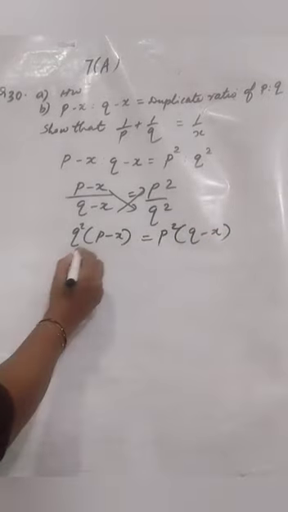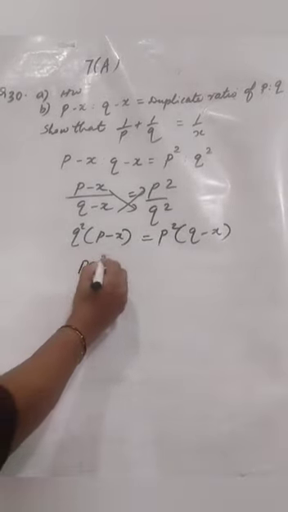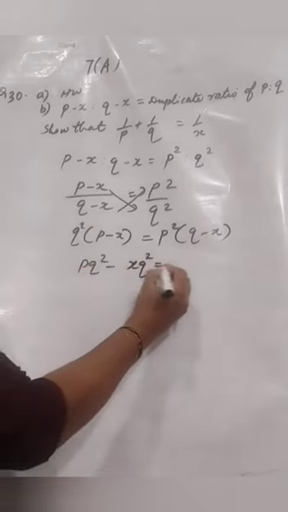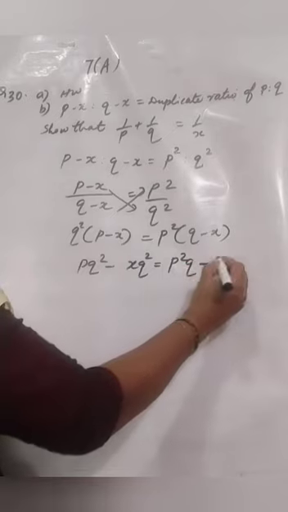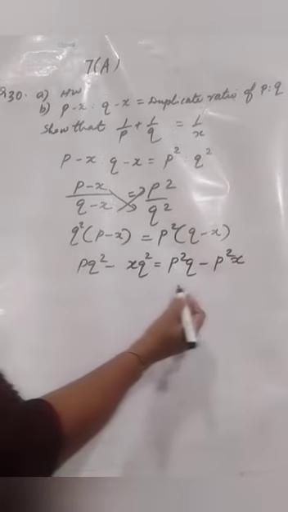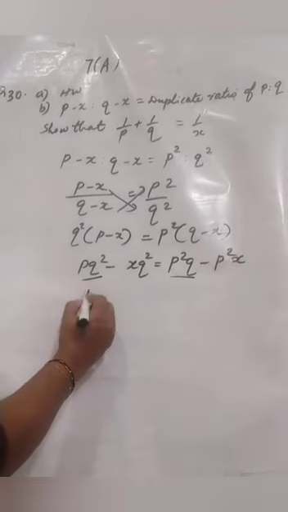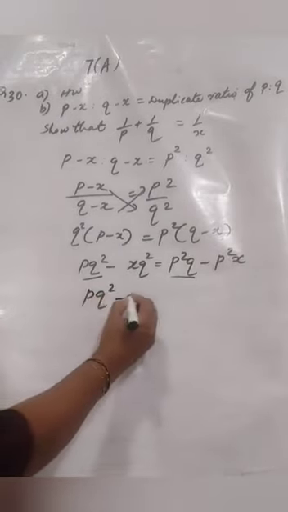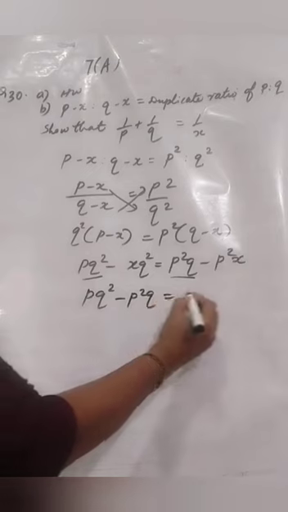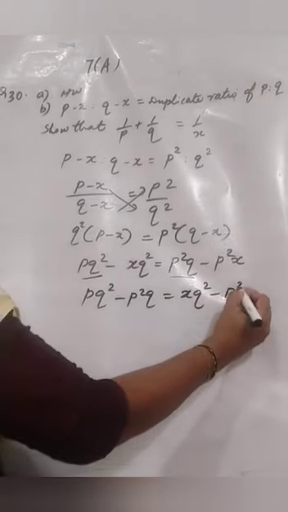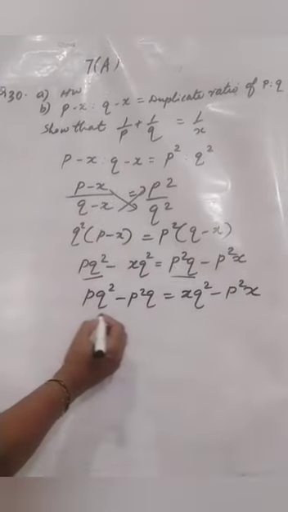Open the bracket. q square into p, pq square, minus x into q square, xq square, equal to p square q minus p square x. Let us write the p, q values to the left side and x values to the right side. pq square minus p square q equal xq square is positive and p square x is negative. Here common factor.